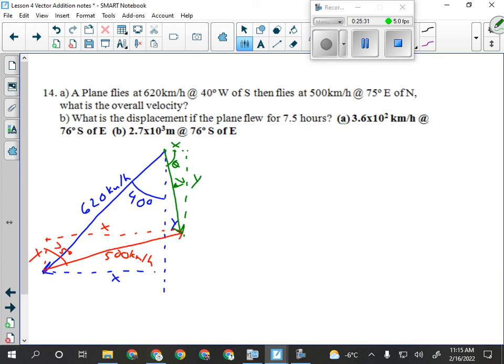Okay, so that'd be our overall resultant velocity, okay, y and x, right, and that's our resultant there. So we got to do our blue triangle first, okay, and for our blue triangle, blue x is the opposite side, so I'll be using sine of 40 degrees times 620 kilometers per hour.